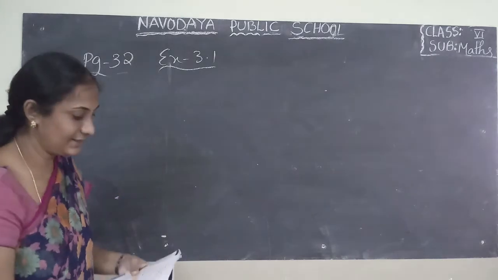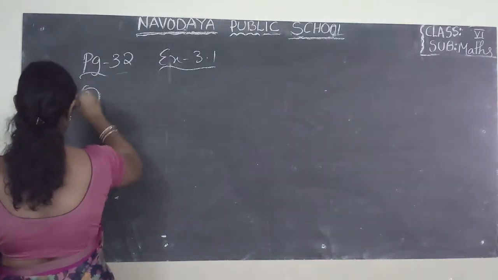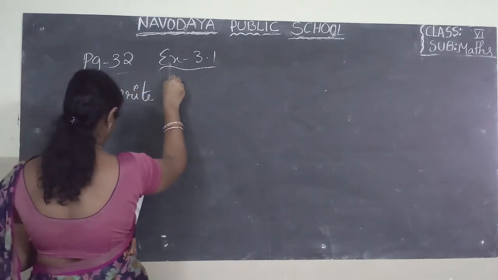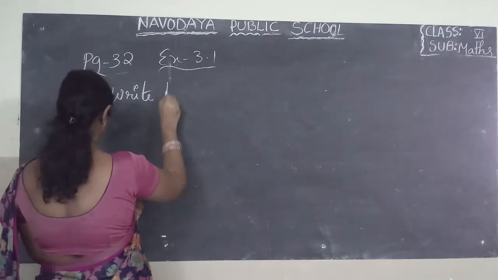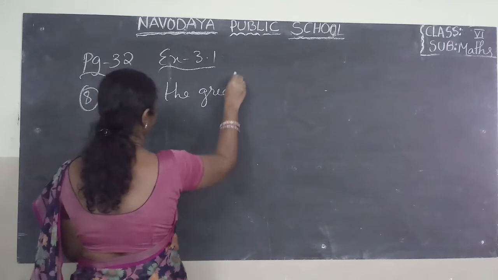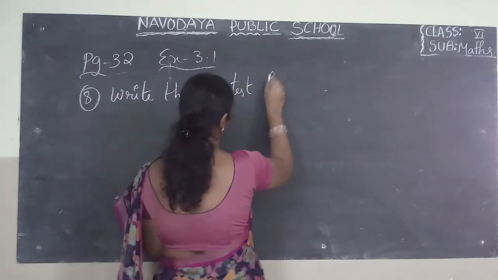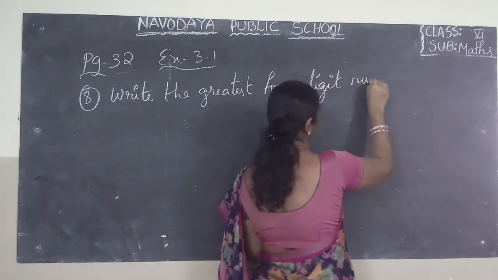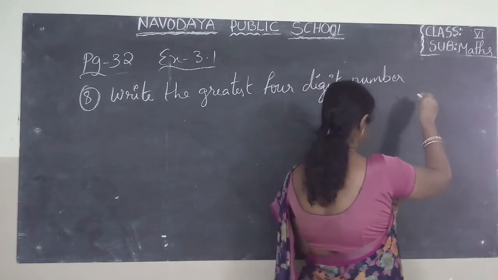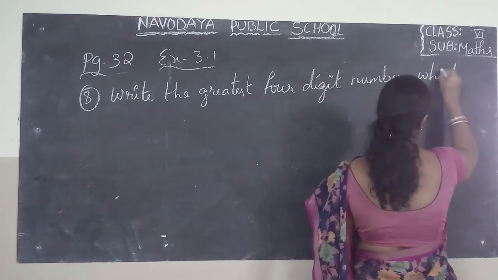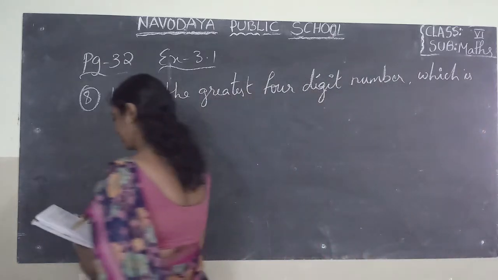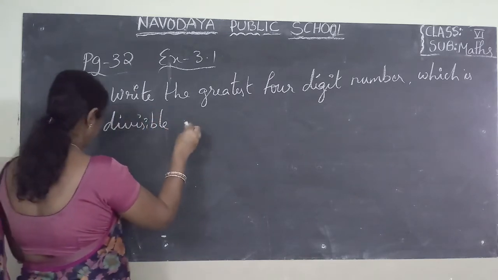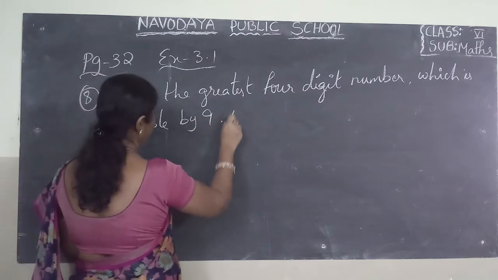Next, 8th sum, Nana. Write the greatest four-digit number which is divisible by 9.